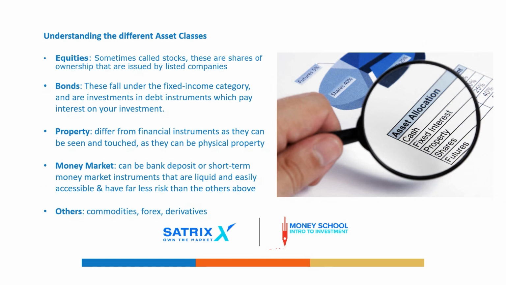And also the other one would be derivatives. Derivatives are slightly complicated because they are instruments which are derived from other instruments. So those are your main asset classes that I think are important in your knowledge of the investment world and what you'll be dealing with when deciding where you want to invest.